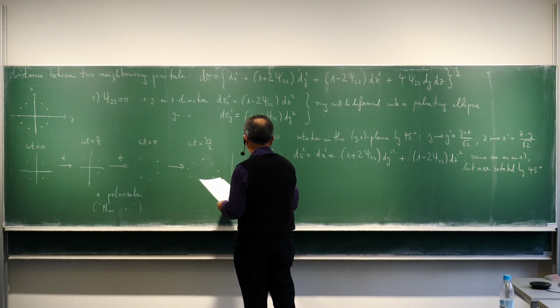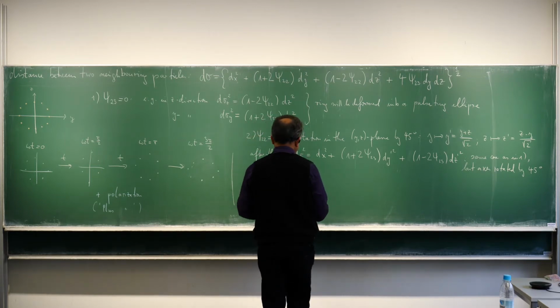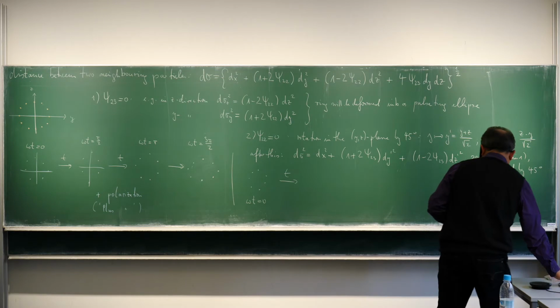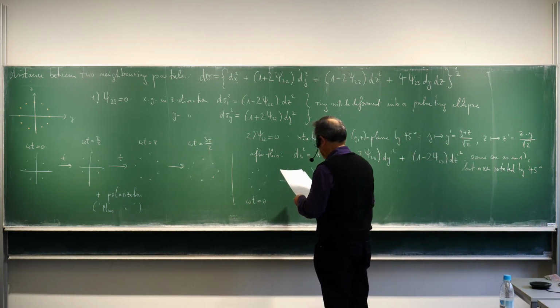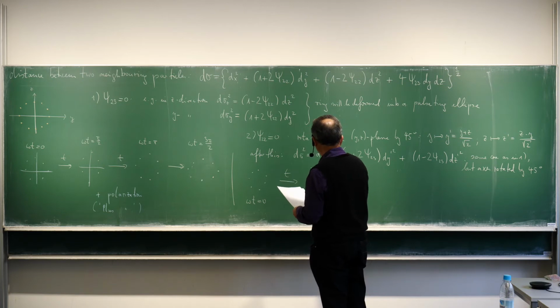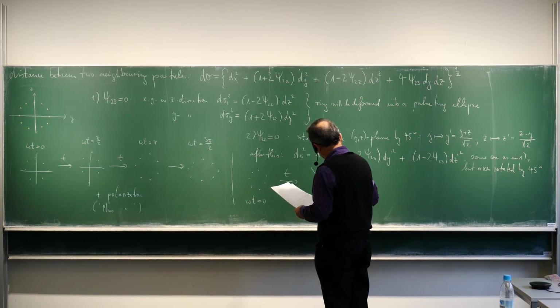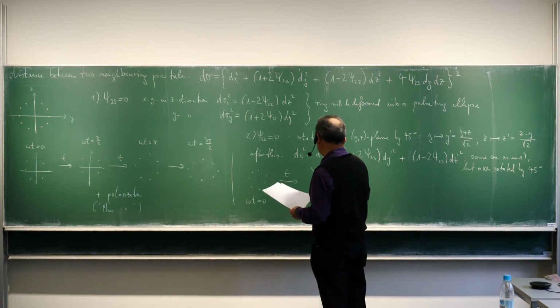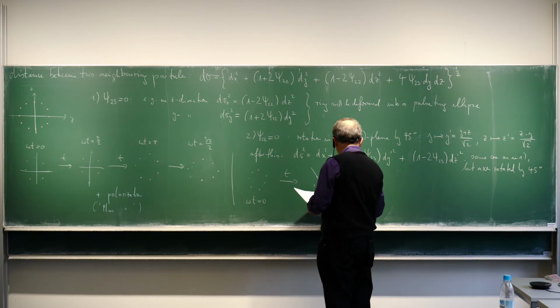So we start with the circle at omega t equals 0, and then as time goes on, now we have an axis that is like that. It's inclined, right, compared to the original axis, and we have an ellipse that is oriented along that. So this is omega t equals pi over 2.